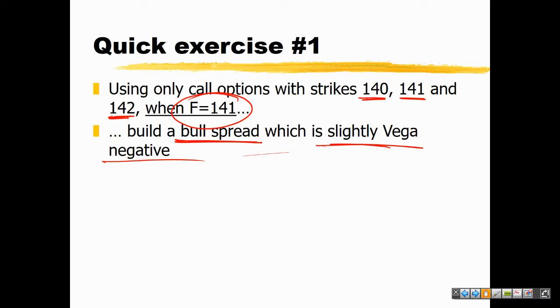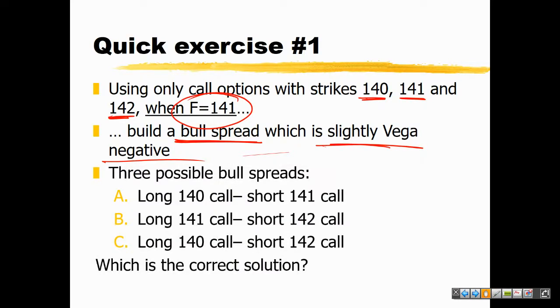So not with a 0 Vega, but with a small negative Vega. The candidates are the 3 bull spreads that you can make with these strikes, which is either long 140, short 141 call, or long 141, short 142, or long 140, short 142 call.